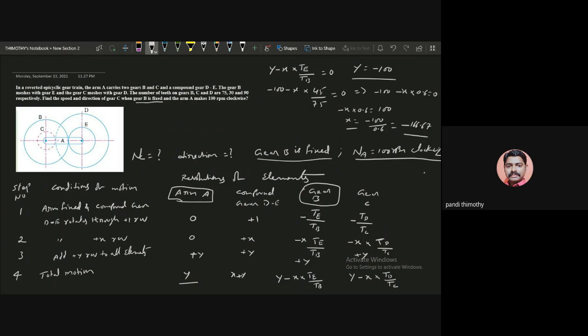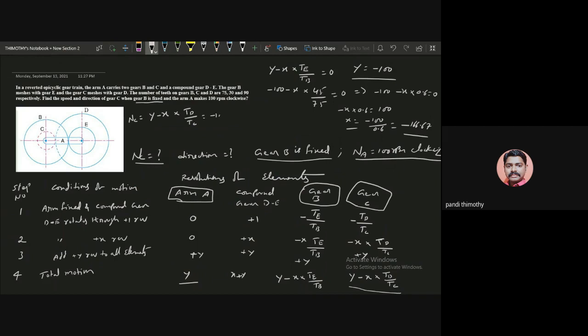Now I am asked to find NC. The total motion of gear C is this one, which I have to consider as NC. So NC is equal to y minus x into TD by TC.